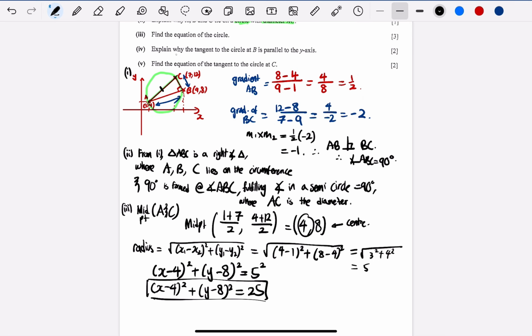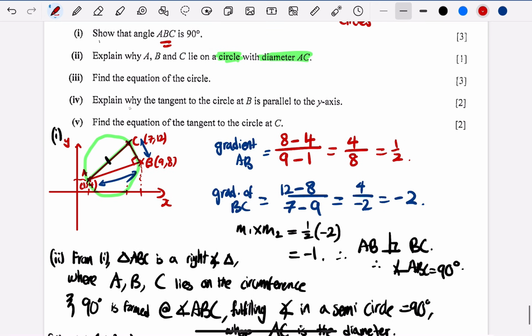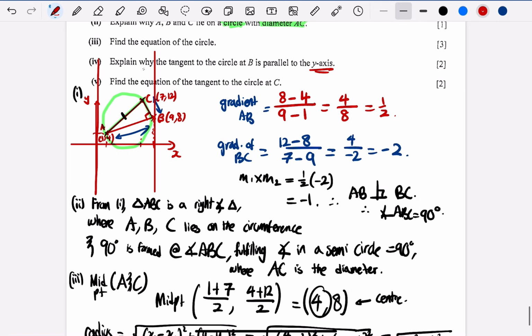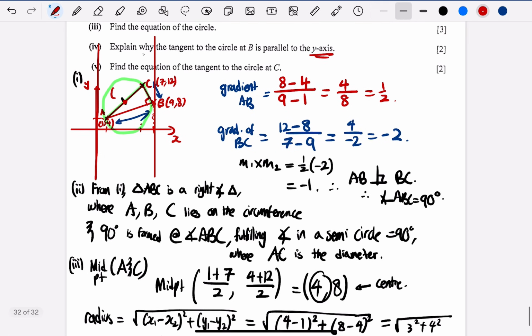Part 4, they tell you explain why the tangent at B is parallel to the y-axis. Well, if we see the tangent at B, B is over here. They're asking why it is parallel to the y-axis. We first need to establish that our center over here is also 4, 8.